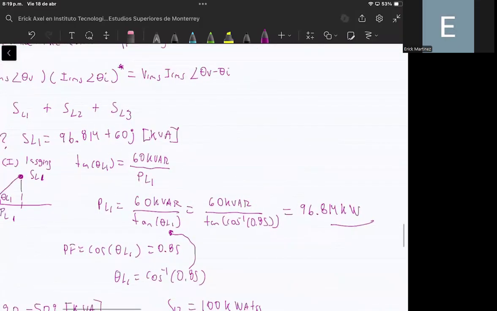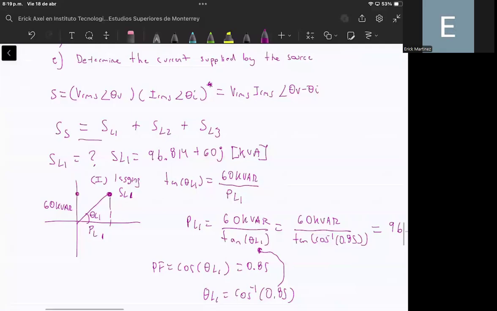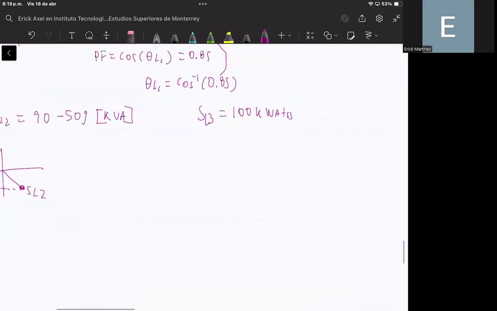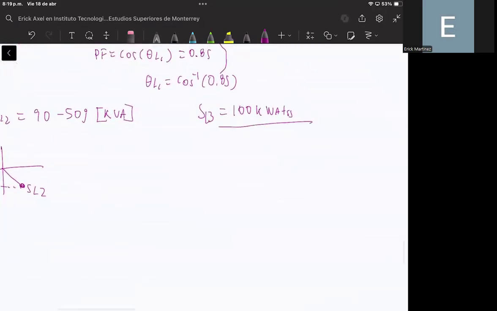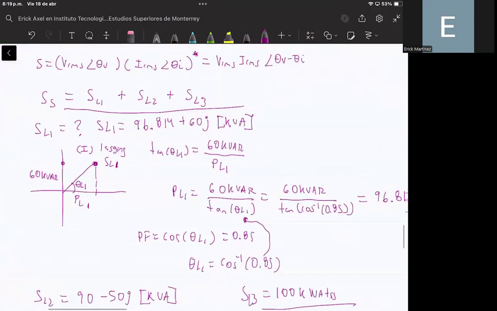Remember that I defined this relationship that states that the complex power of the source is the sum of these three values: the complex power of load number 3, load number 2, and load number 1.